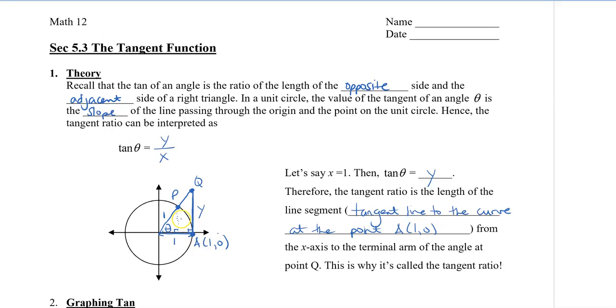And if I use a different, let's say this was y prime and x prime down here, we could also say that sine theta is equal to y prime divided by 1, which means that sine theta equals y prime. We can also say that cos theta is equal to x prime divided by 1, which means that cos theta is x prime.